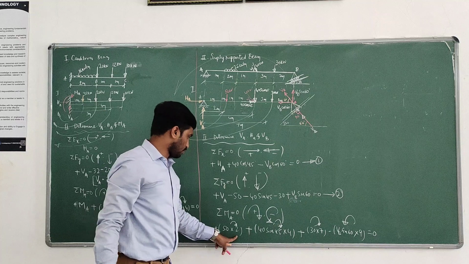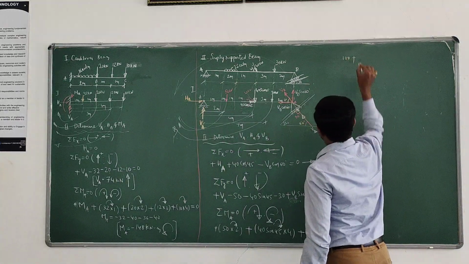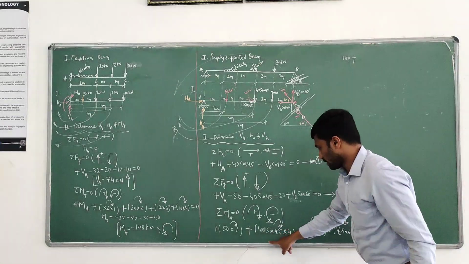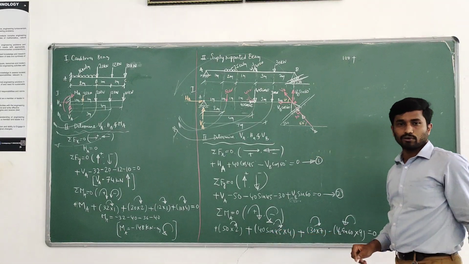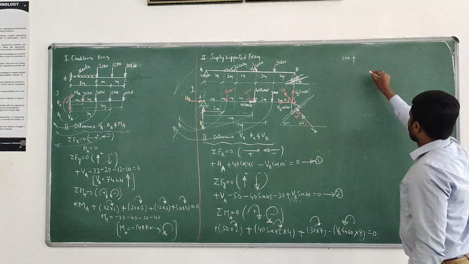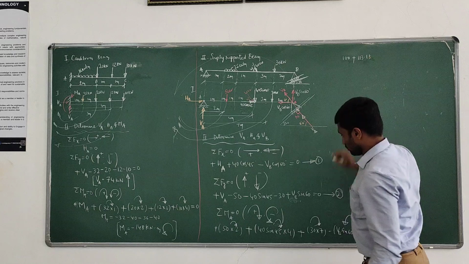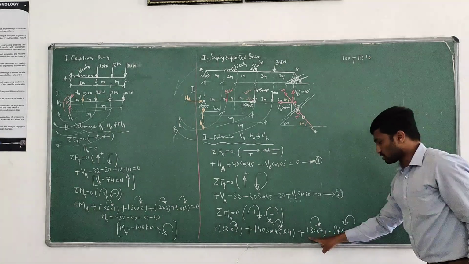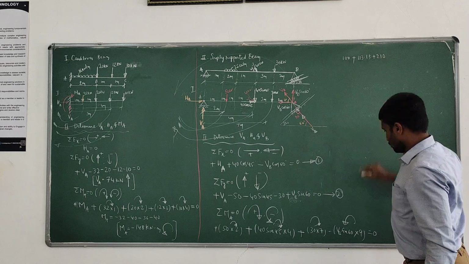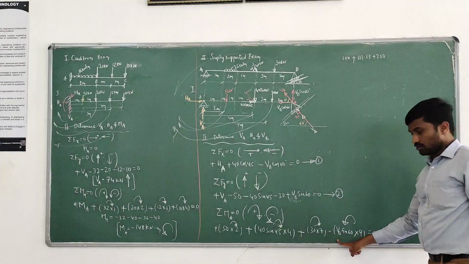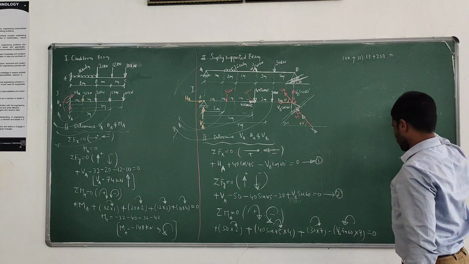Now 50 into 2, how much? 100. Plus 40 sin 45 into 4, how much? 113.13. Next, plus 30 into 7, 210. Taking VB to this side, it becomes plus.